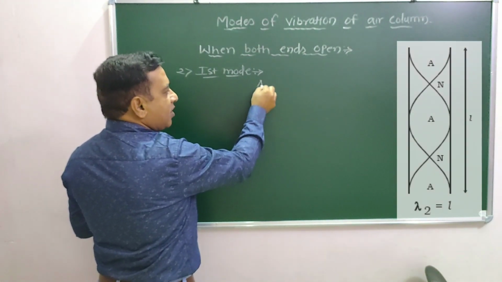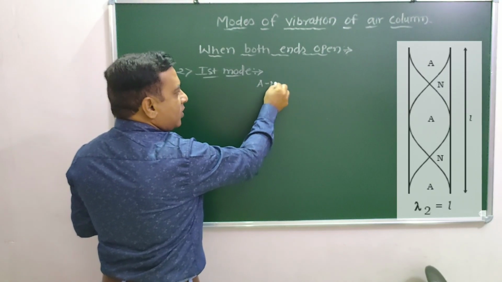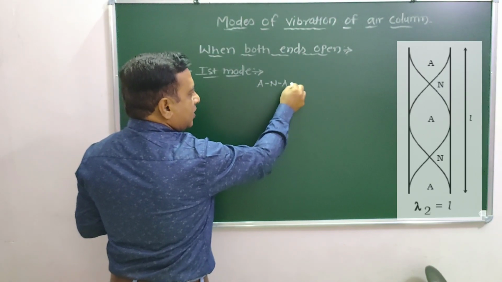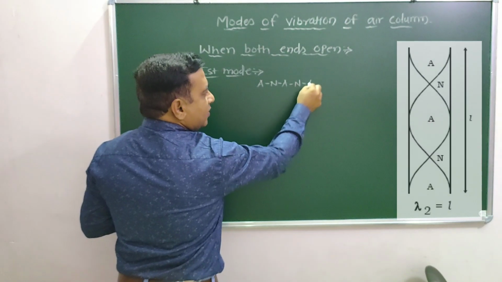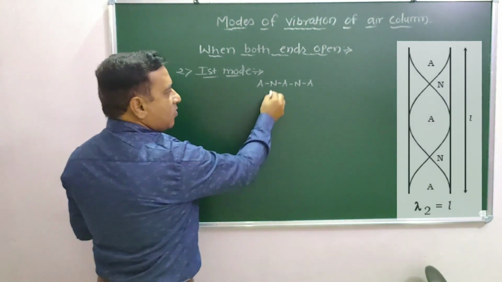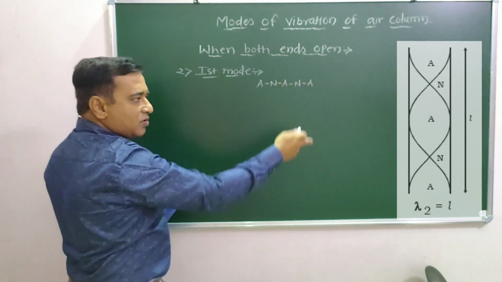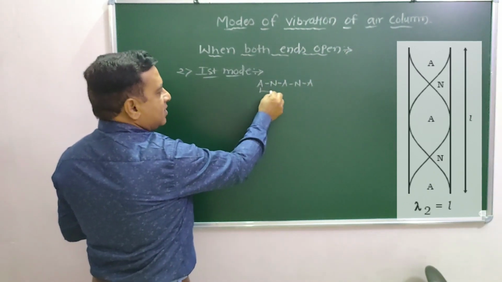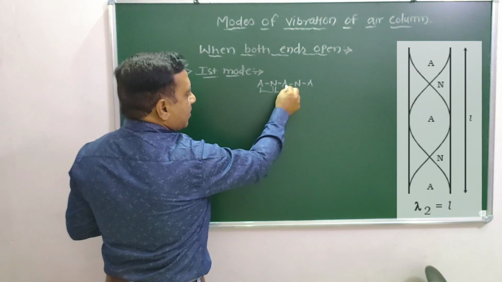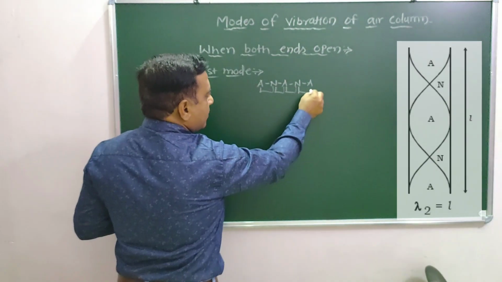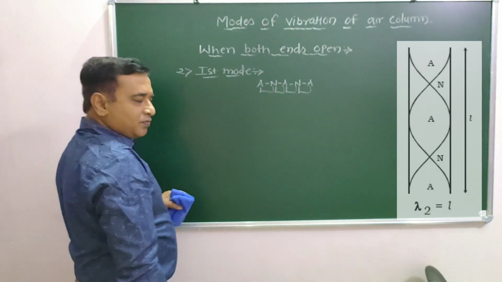At the open end we have the antinode, again node, then we have the antinode, then we have the node, and once again we have the antinode. Means how many nodes and how many antinodes are there? Sir, 2 nodes, 3 antinodes are there. So corresponding length, sir, lambda by 4 plus lambda by 4 plus lambda by 4 plus lambda by 4.